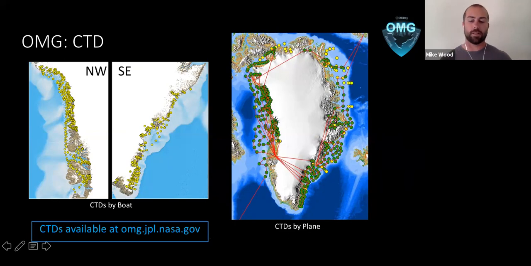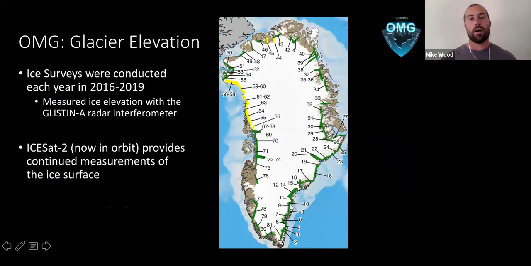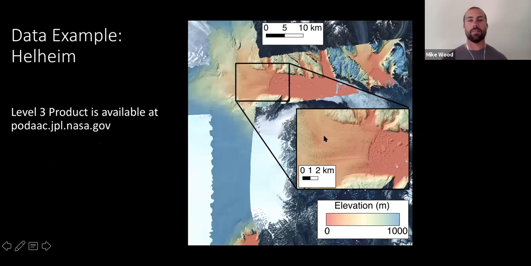The ocean observations and the depth observations will both play into the study I'll talk about next. These elevation observations, which were the final component of OMG, I won't be talking about too much today, but I just wanted to highlight where we have all of these elevation measurements around Greenland for 2016 to 2019, before the time of ICESat-2, and overlapping a little bit, because these are swath-based DEMs, and they just have an incredible amount of detail that I think could support a lot of different studies around Greenland.